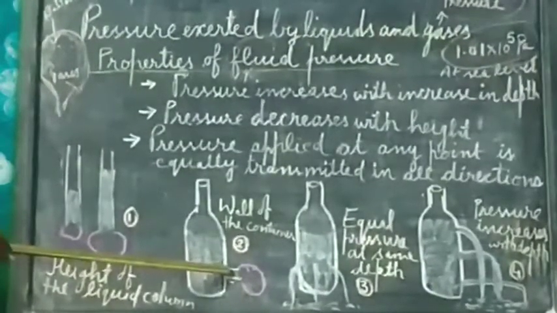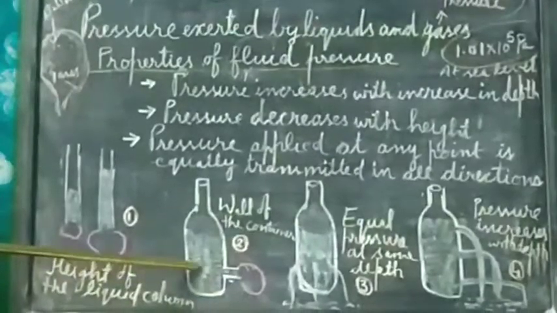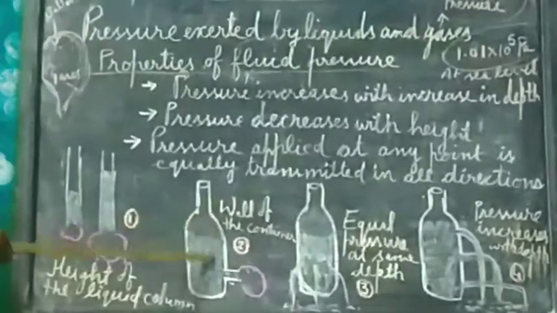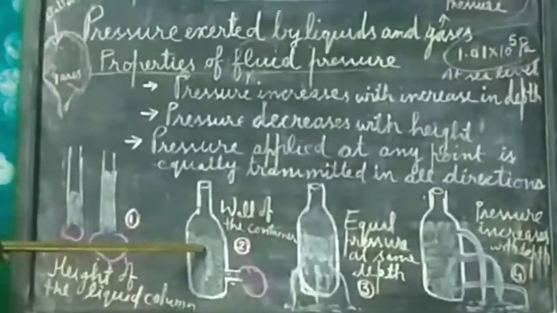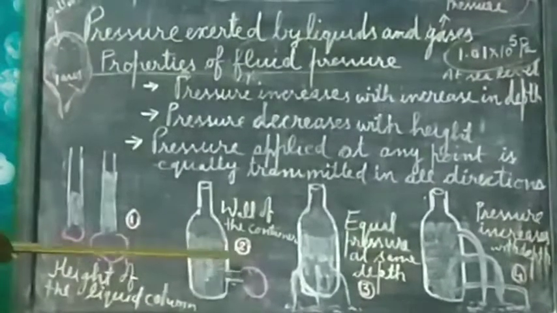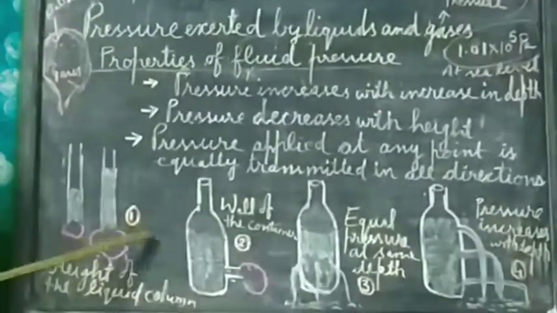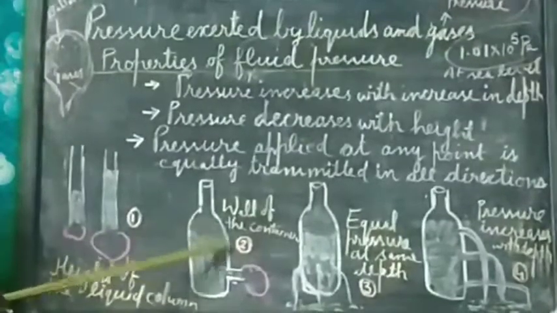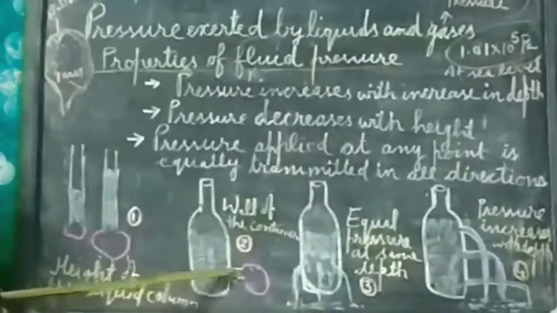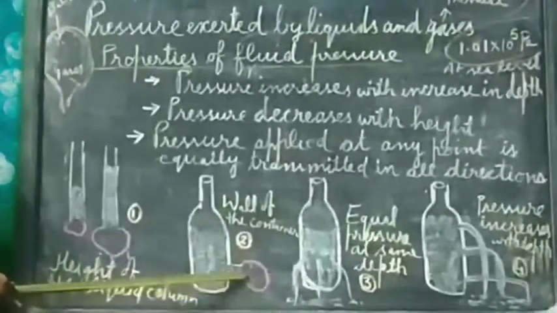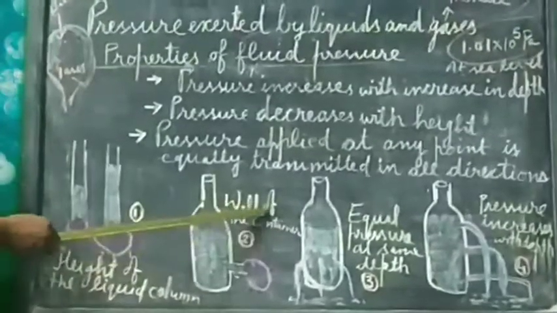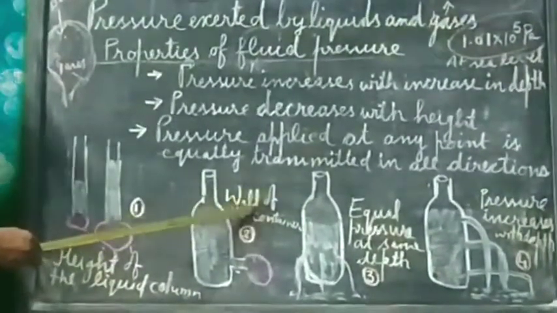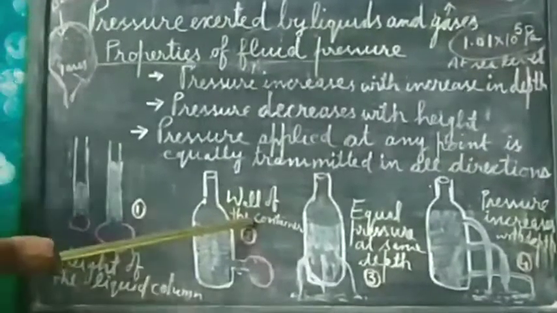Does the bulging of the rubber sheet in this case indicate that water exerts pressure on the side of the container? Here water is exerting pressure from the side, and the bulging starts. So the wall of the container also exerts pressure.